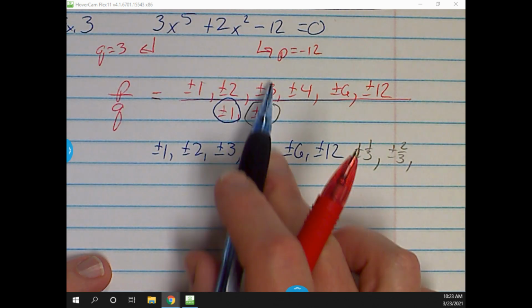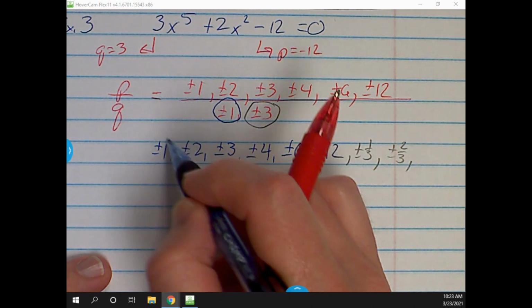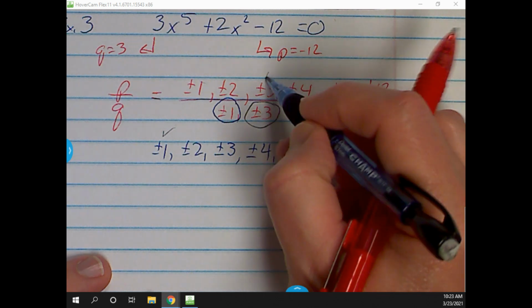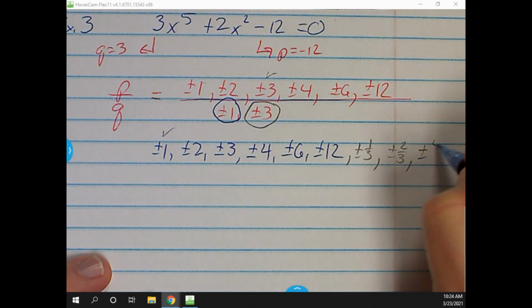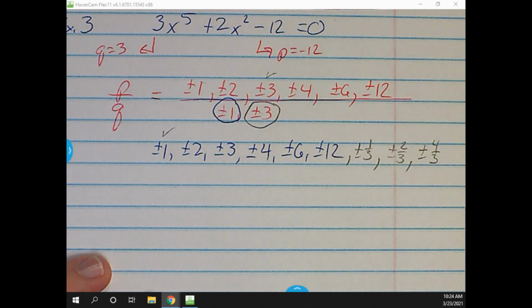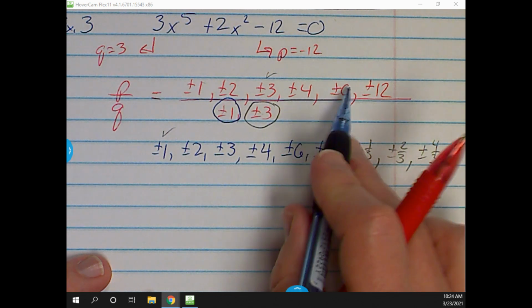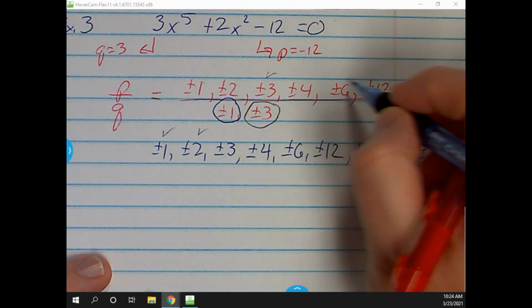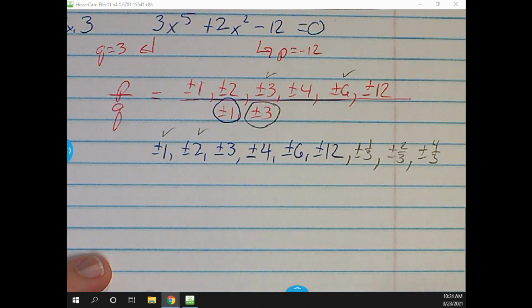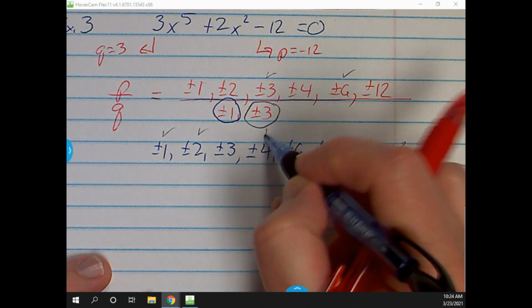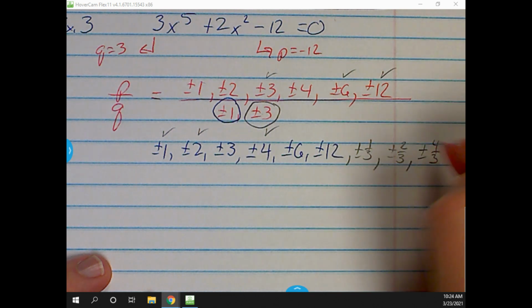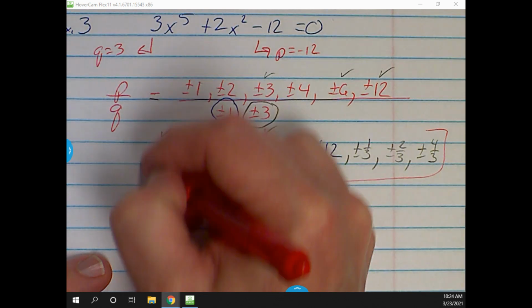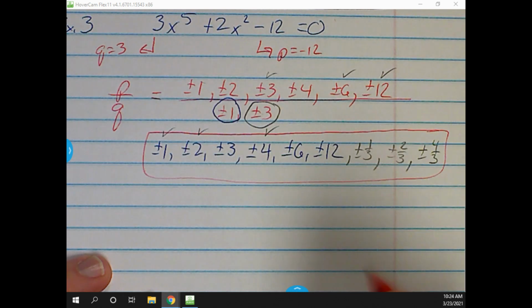If we do 3 divided by 3, that's 1, so that one's already here, so we're not going to worry about that one. 4 divided by 3 is not on the list, so we'll put that on there. 6 divided by 3 is 2, so we've already got that one on the list. And then 12 divided by 3 is 4, so that's already on there, so we don't have to repeat it. So that would be our full list of all the possible answers we can go through.